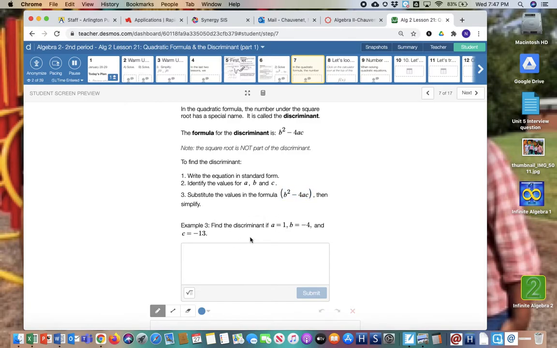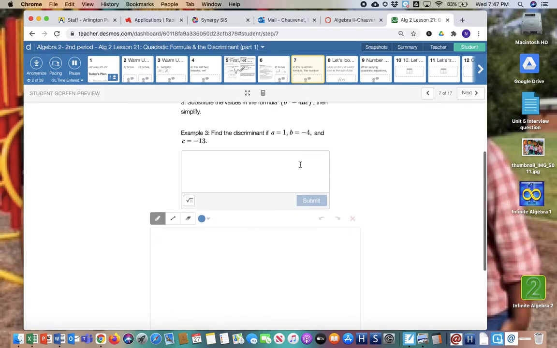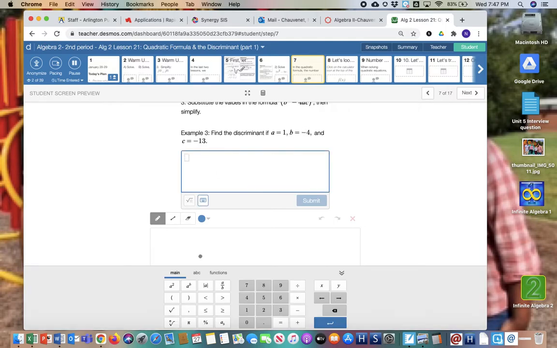Okay, so let's find the discriminant in this scenario. So I see that it's b squared minus 4ac, so b is negative 4, so I'm going to go in here, and I'm going to go parenthesis, negative 4 squared minus 4 times a, and again a here is 1, times c, which is negative 13.